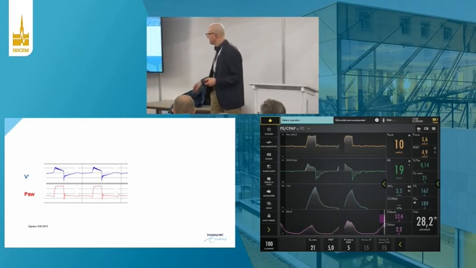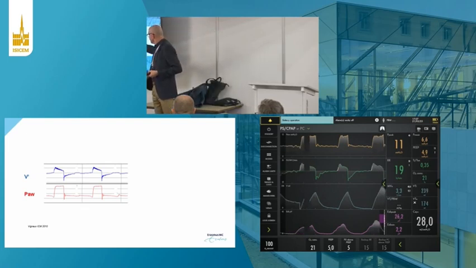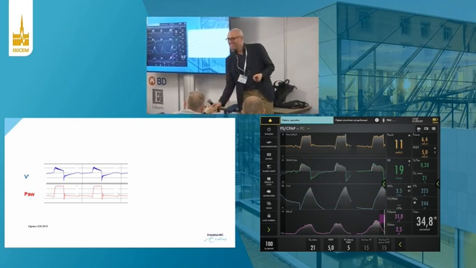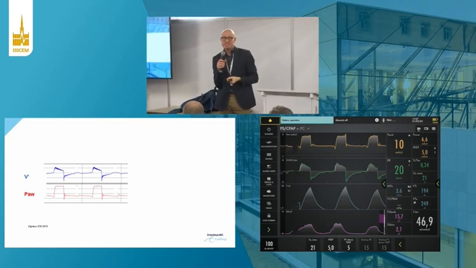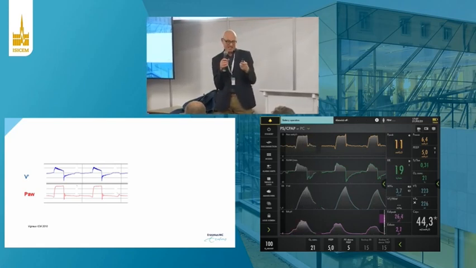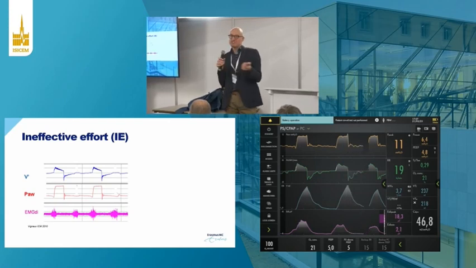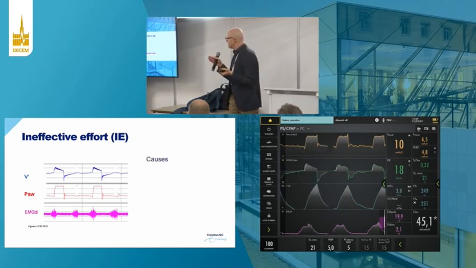You see in the pressure curve, and also in the flow, a little bit of increase in flow, a little bit of decrease in pressure, but nothing happens on the ventilator, right? And of course, it's much easier to identify if you have this electrical activity of the diaphragm. So that's the second asynchrony.